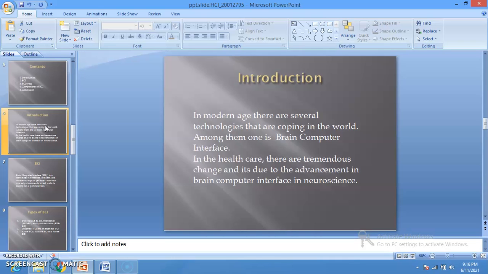In this modern time, there are many technologies which are adapting or running in this phase, and among them, one is brain-computer interface, that means BCI.